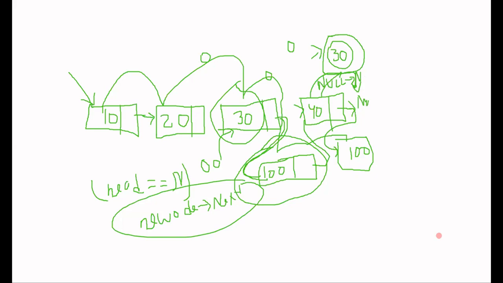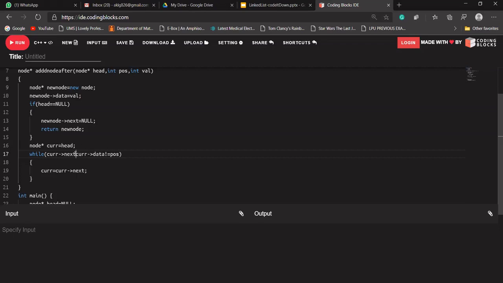Okay. Let me write the code for it. So if current's next is not equal to null, we'll write and here. If any of these conditions fails, the loop will break.